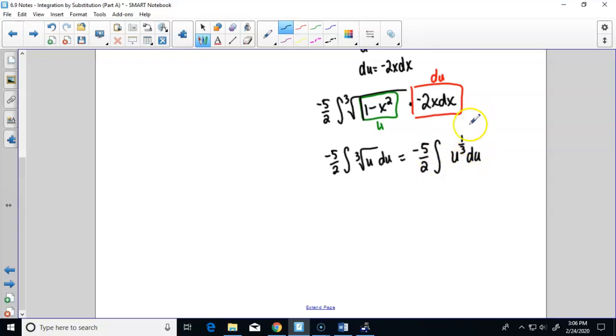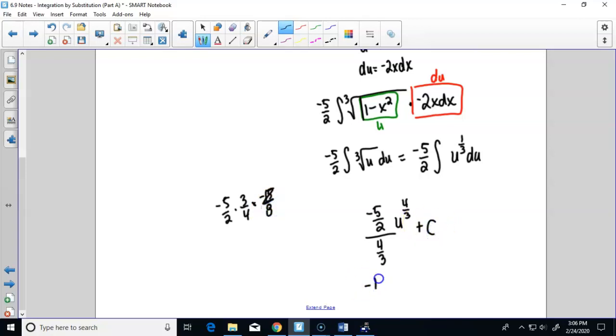And then you just use the power rule. So you would have u to the 4/3. And since this is the only term, I'm just going to put my negative 5/2 out here. And I have to divide out front by 4/3. So that's negative 5/2 times 3/4, which is going to give me negative 15/8. Plus c.